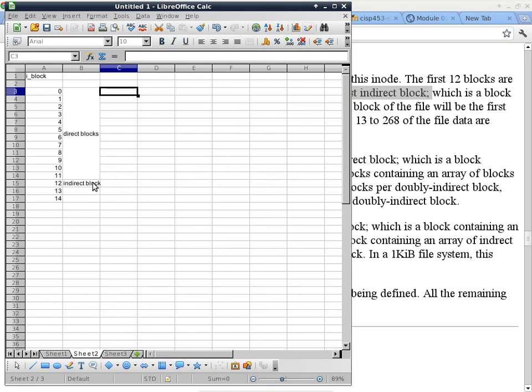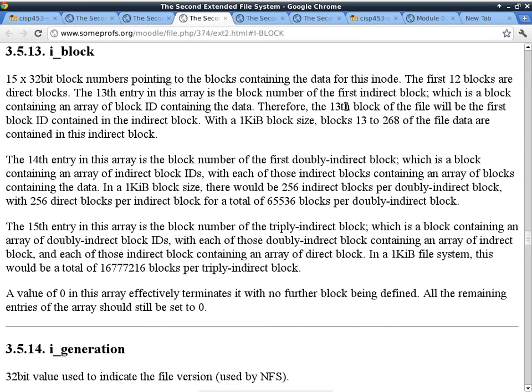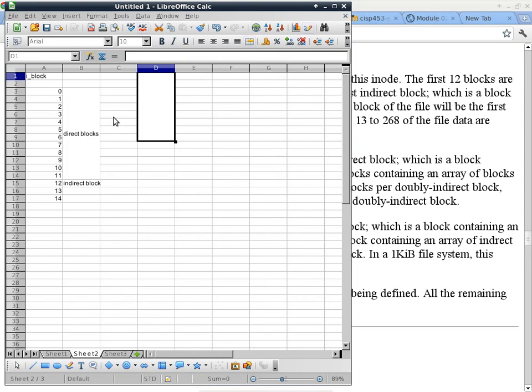Okay, the indirect block points to another table. There's a particular name for that too, so I just want to use the same terminology: a block containing an array of block IDs containing the data.